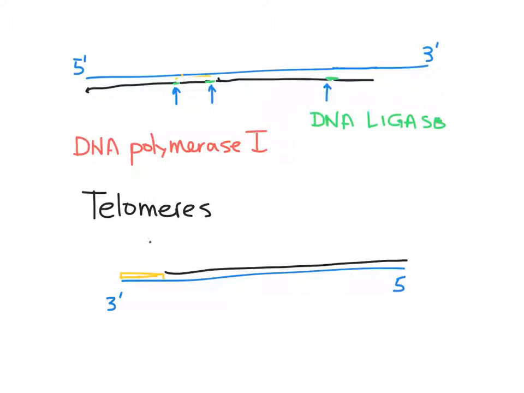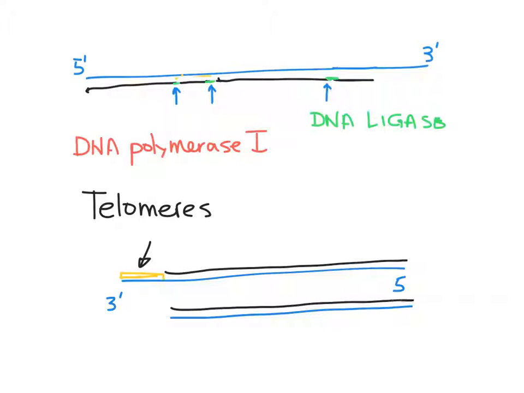Well, this sequence here, because it's at the end of the DNA, it does not actually get replicated. There is no enzyme that takes that, removes it, and adds new DNA. So each time DNA replicates, this sequence of DNA actually gets shorter.